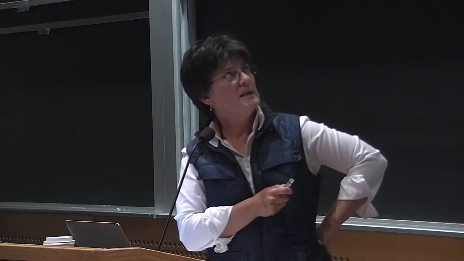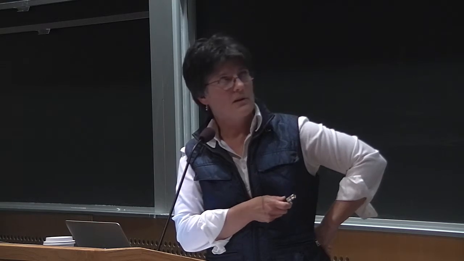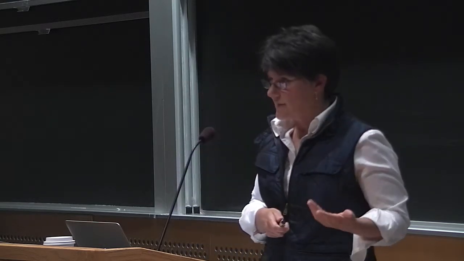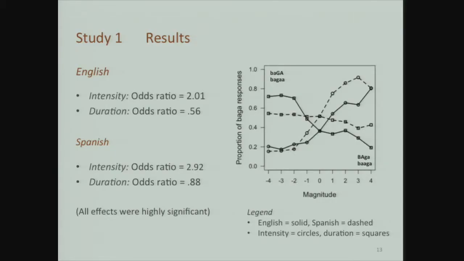And in the case of duration, a negative value means that something is less likely. So what we're seeing in the English case is that for any unit of increase in duration, the Baga response is actually 44% less likely.